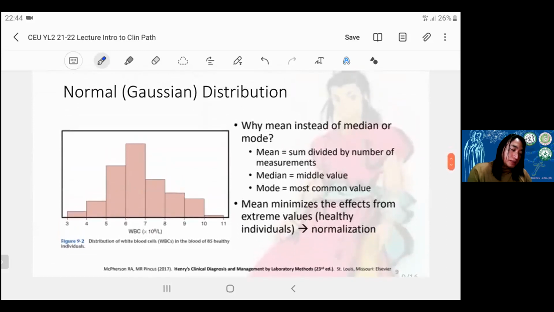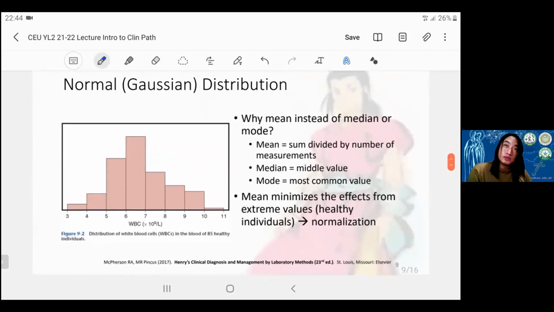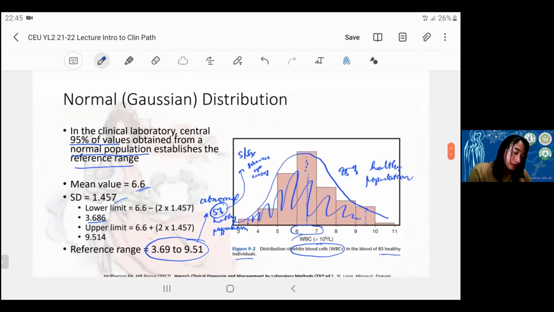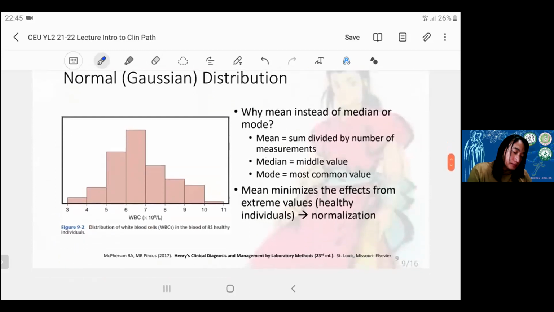So why do we use mean instead of median or mode? The definition of your mean is the sum of all these values divided by the number of measurements. So here, the sum of all these values divided by 85, this would be the number of your measurements. So that's how they got 6.6.